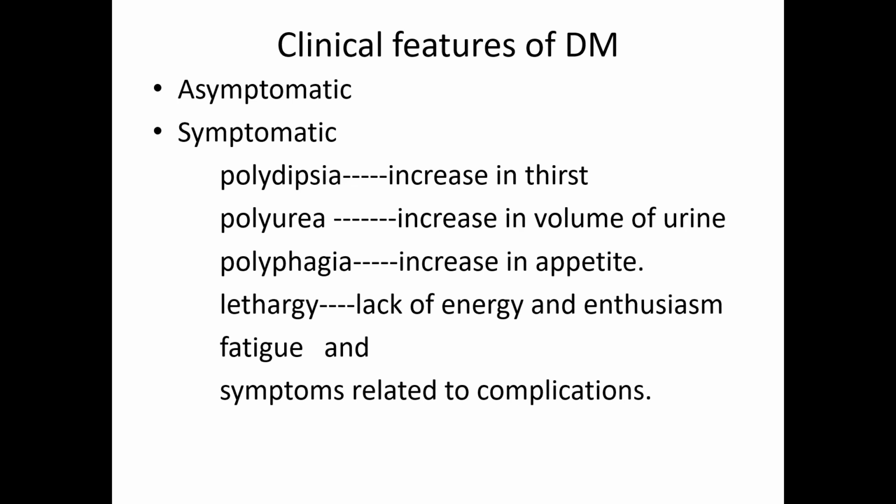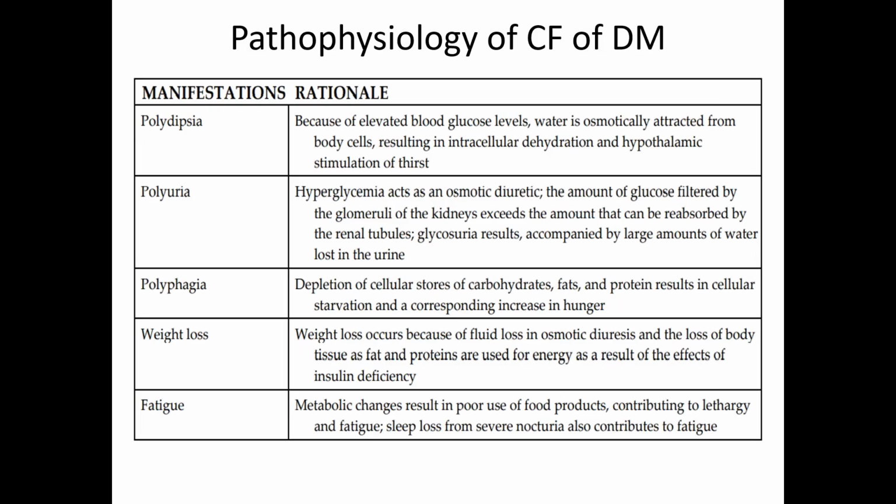So we will discuss the basis for these clinical features. Polydipsia, that is increased thirst, is because of elevated blood glucose levels. The glucose appears in urine when the renal threshold is reached, that is 180 milligrams per deciliter in the blood.